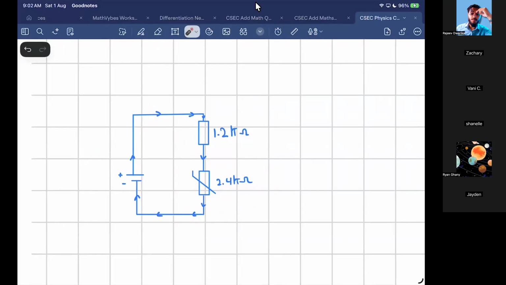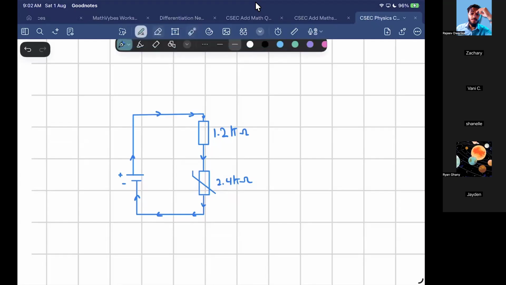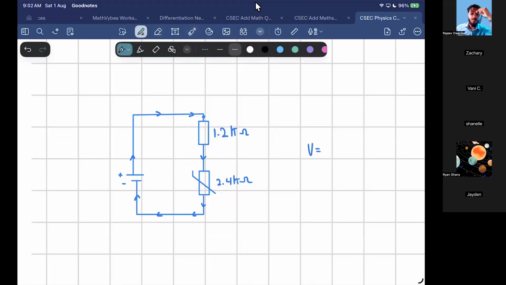Jiran, if you want to find voltage, does any formula come to mind? V equals IR. Now to use this formula V is equal to IR, what two things do you need? Current and resistance.